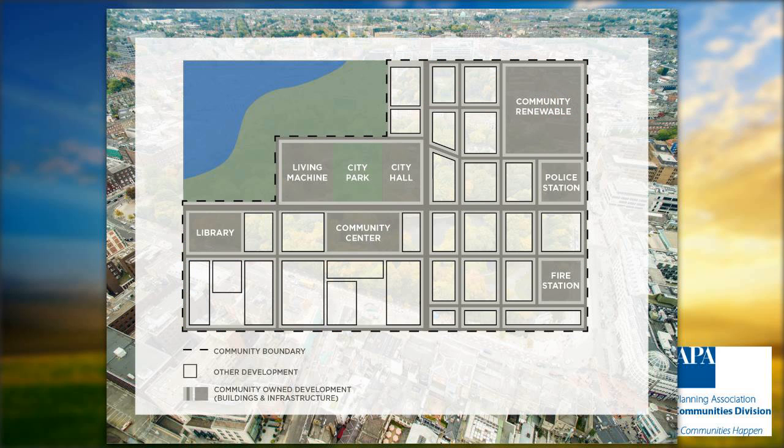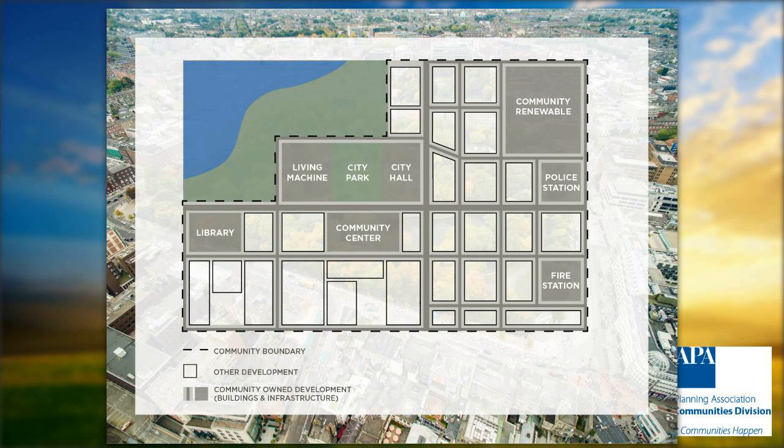So this diagram here helps explore the difference between the Living Building Challenge and the Living Community Challenge a little bit more in detail. Imagine a municipality that's planning in a specific neighborhood represented by this dashed boundary. To begin, the community team must differentiate between what is owned by the LCC applicant, we call that the community-owned development, and what is not owned by the LCC applicant.